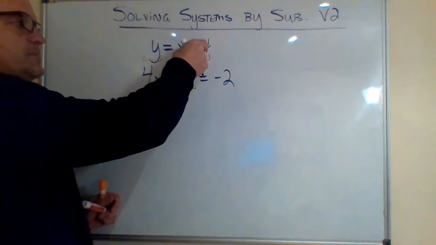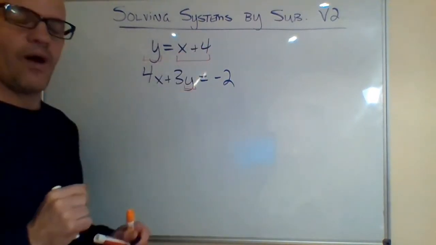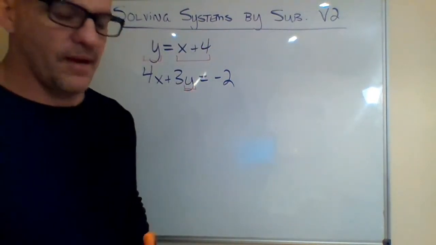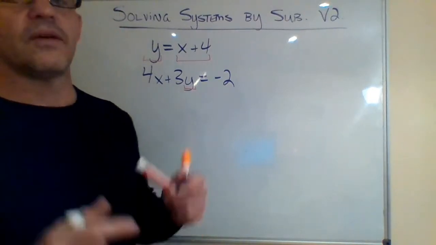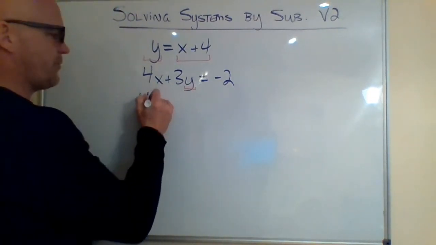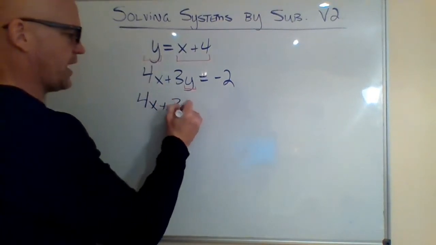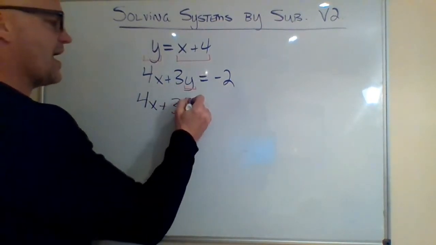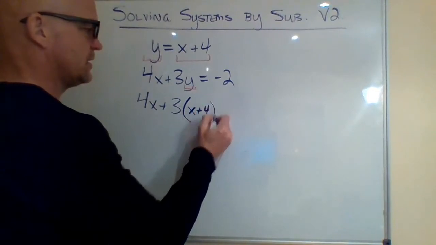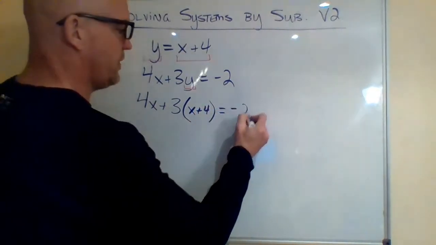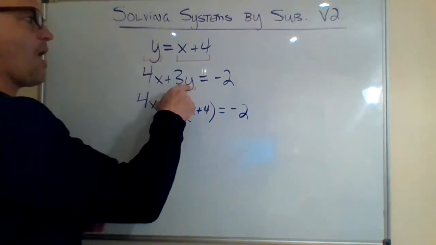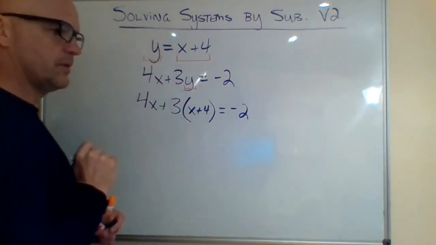That means if we substitute that x plus 4 in there for that y, we've got to make sure everything that gets put in there gets multiplied by that 3, which means we're going to have to use a set of parentheses. So I'm going to have 4x plus 3, instead of y, I am replacing it with that x plus 4. And that's going to equal that negative 2. Remember, we're replacing or substituting that y with what this one equaled.